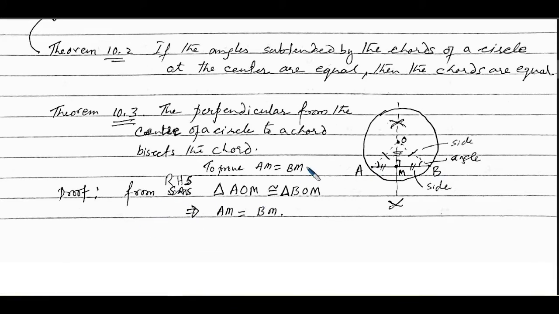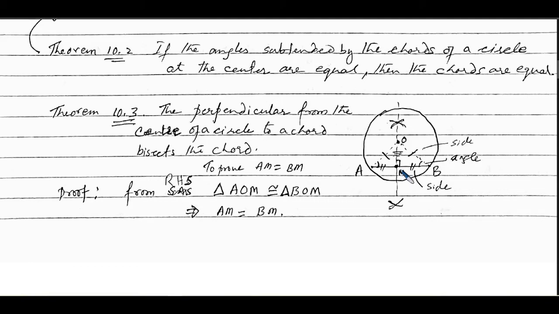Suppose I draw a perpendicular line, it bisects the chord. Of course it will bisect if you draw a perpendicular line with a compass, but anyway this is from right angle triangles, hypotenuse and side.